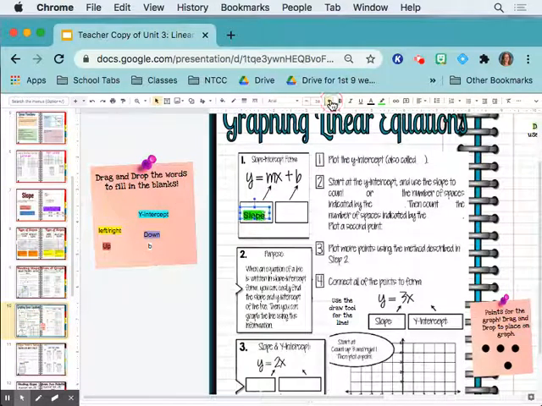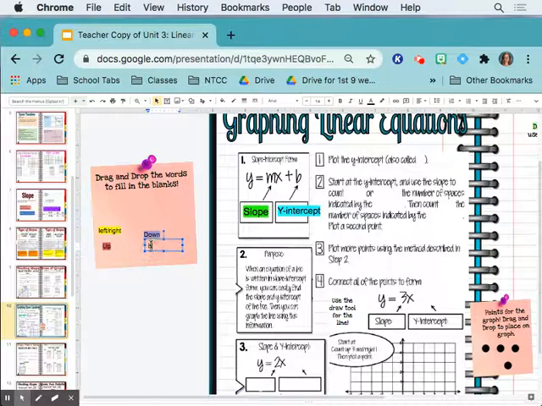Make one bigger. And then b represents y-intercept. Just want to make it a little bigger. Okay. So it says plot the y-intercept, also called the b value.